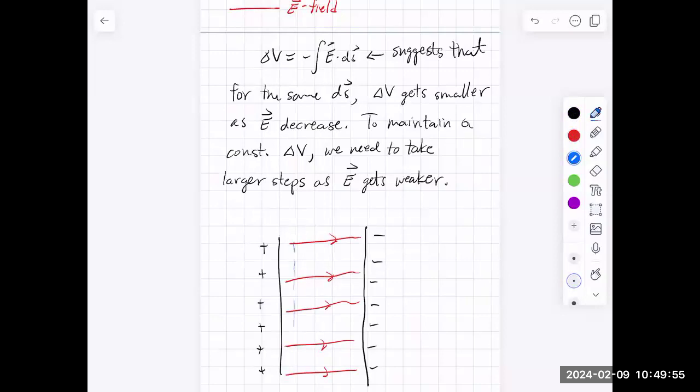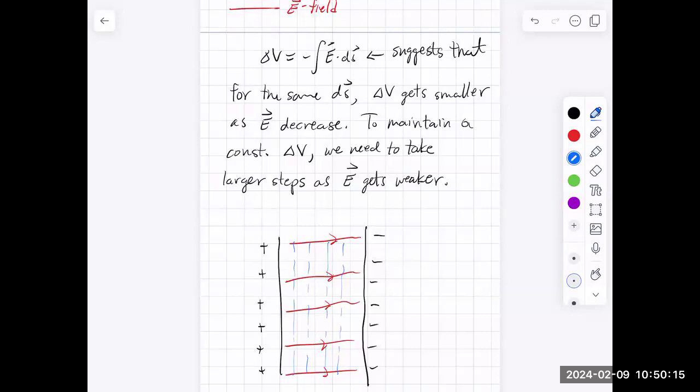We said that to maintain a constant delta V, we need to make the spacing between our lines bigger as the electric field gets smaller. But if the electric field is the same everywhere, then my spacing should be equal.